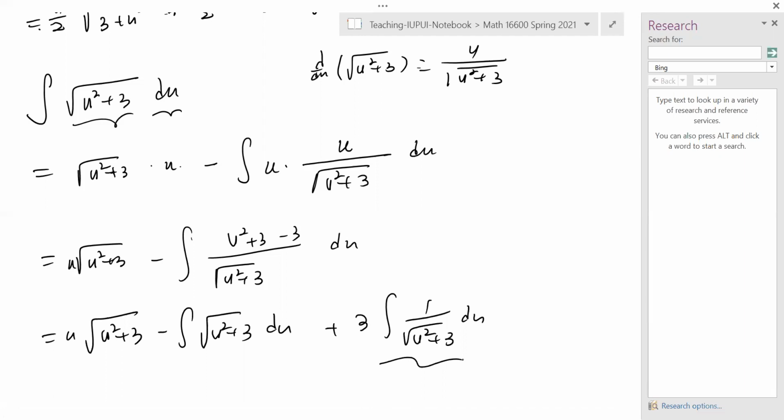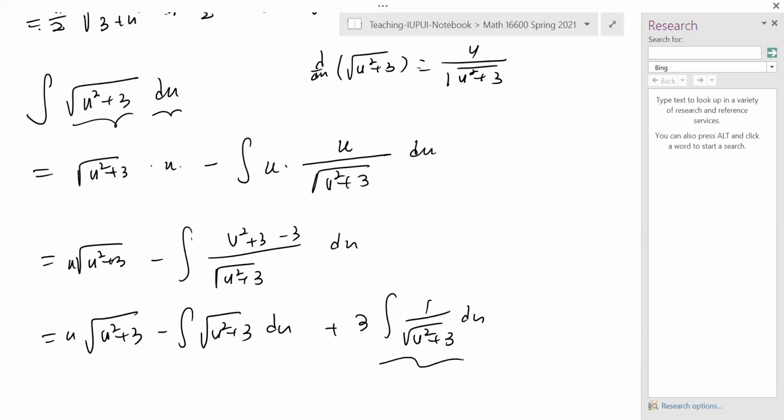Now, if you cannot use a table of integrals on the back of the book, is there any function whose derivative is going to be 1 over the square root of u squared plus 3? The answer is maybe. Remember, it usually comes from an inverse function.